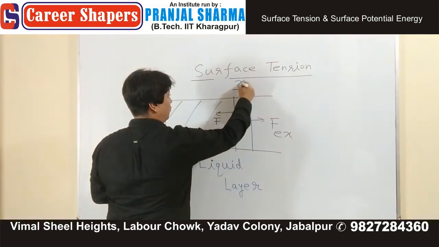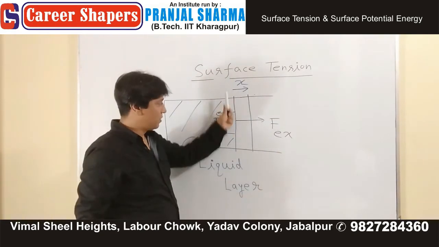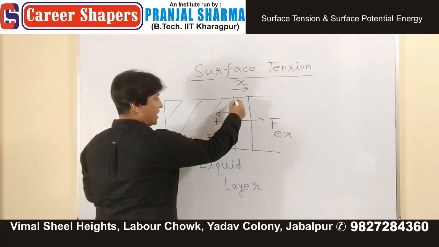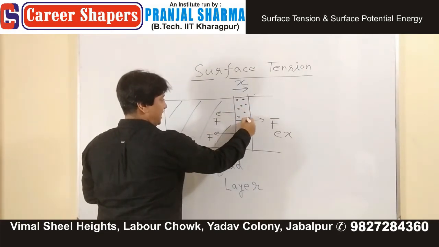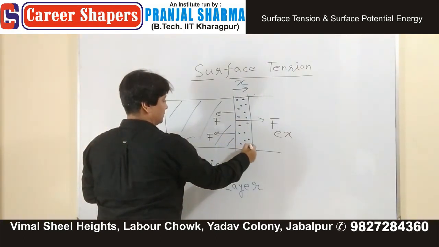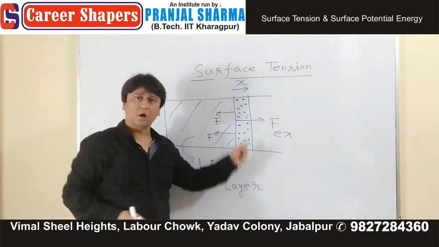We have moved the rod with the help of this external force from this position to this position, and in the process we have produced this much extra surface, shown with these dots.